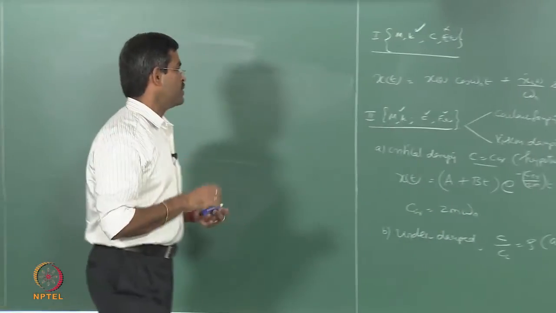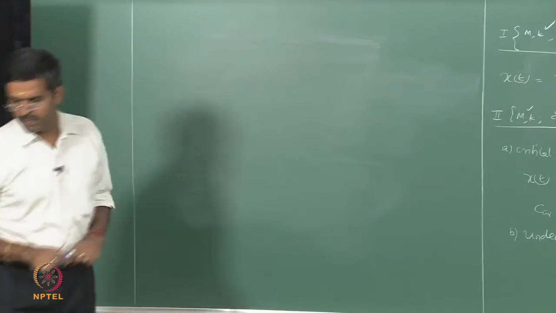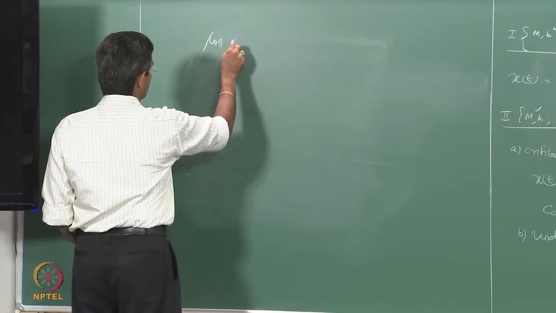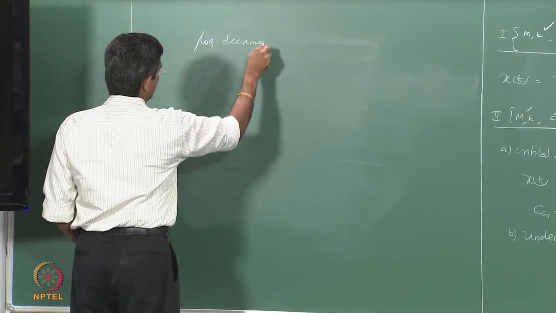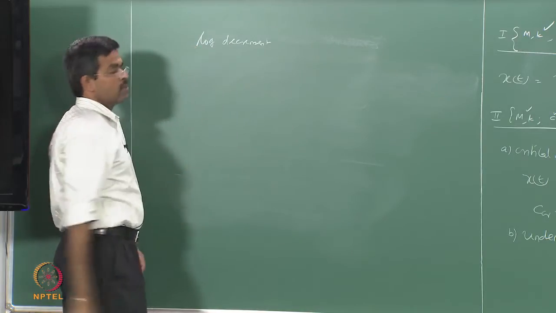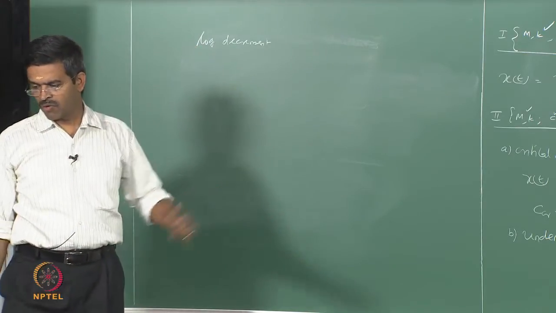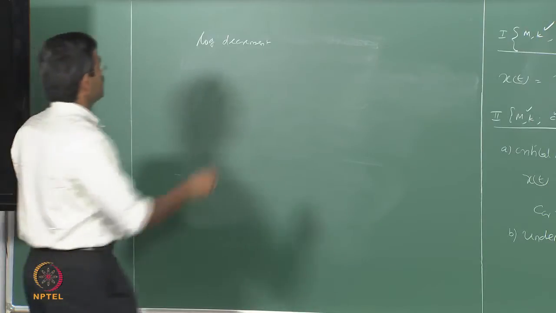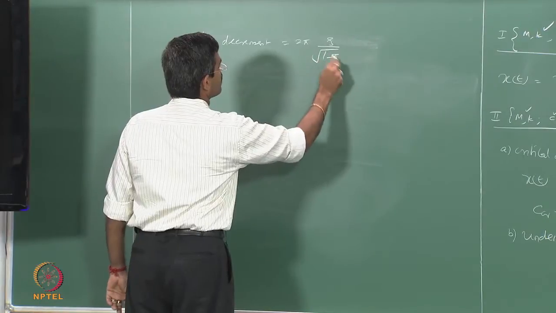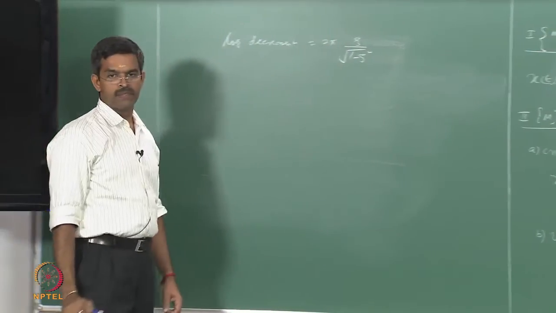We derived this equation; we can write the equation here. The logarithmic decrement, this logarithm is a Napier's logarithm, base e, it is not log to the base 10. So, the logarithmic decrement is given by 2 pi zeta by root of 1 minus zeta square.